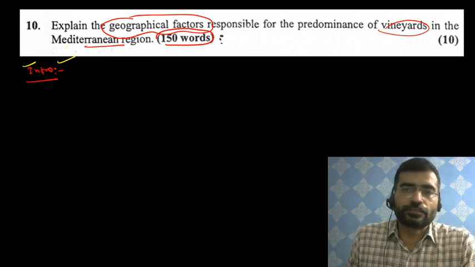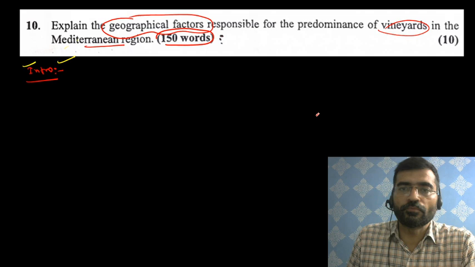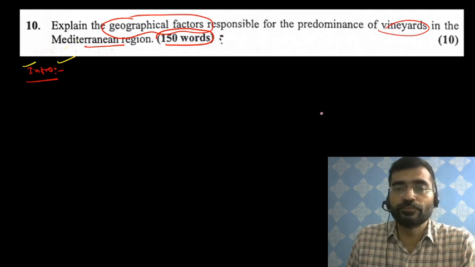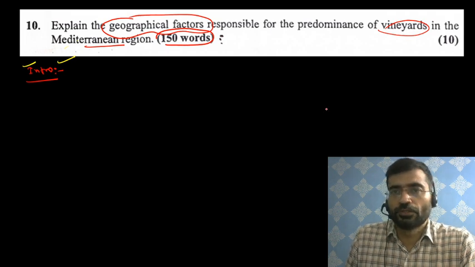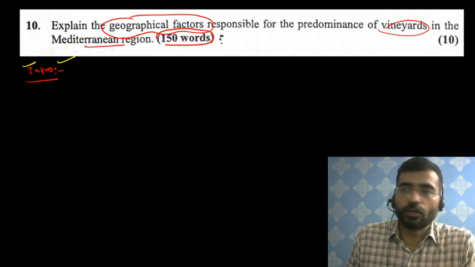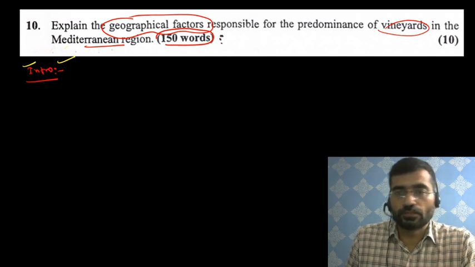You have to write here, vineyard is the predominant feature of Mediterranean region. Countries like Italy, Spain, Turkey are known for very well designed and very old vineyards due to availability of fruits like olive, grapes, even orange.